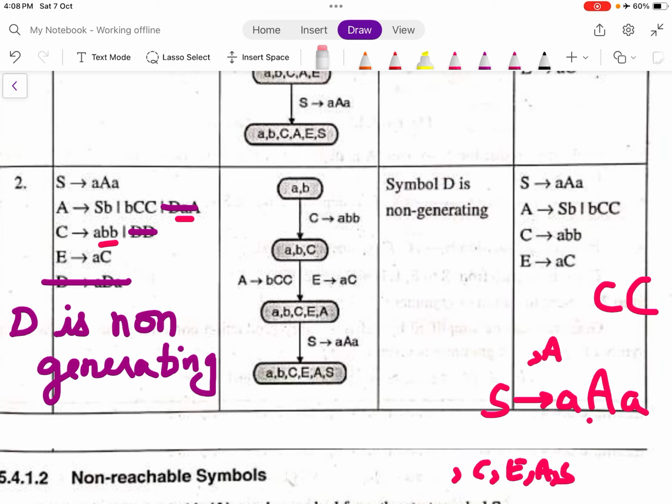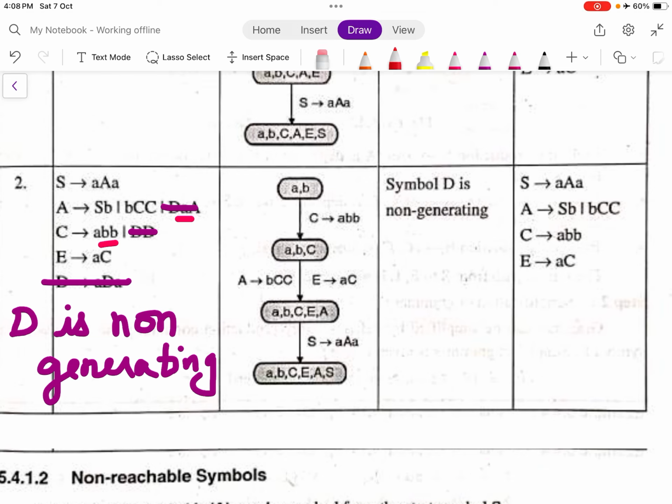Starting is A comma B, that is, you start with the terminal symbols. C is ABB, so add C as a generating symbol. From A you can derive BCC. With the help of E you can derive AC, so E and A are also generating symbols.